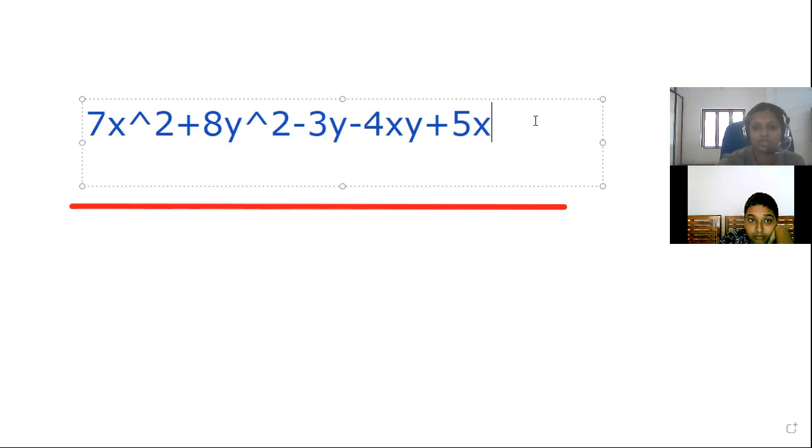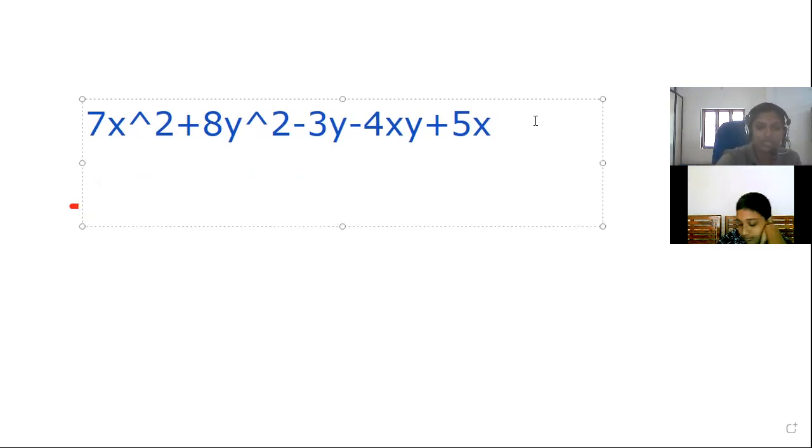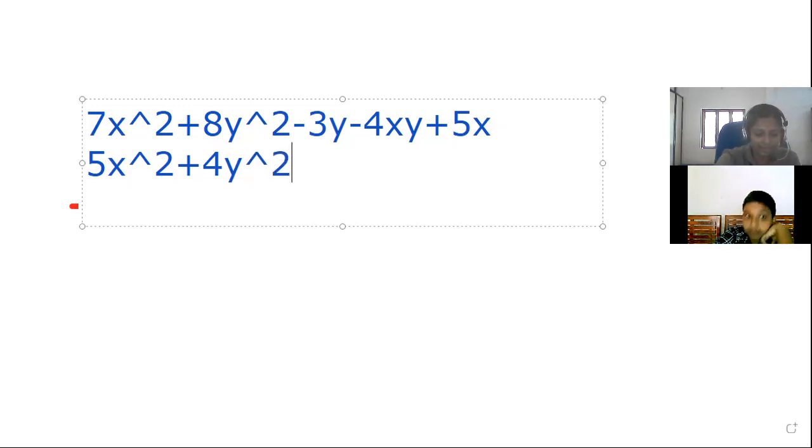So first, the second expression is the corresponding expression: 5x square plus 4y square, and then plus 6y.